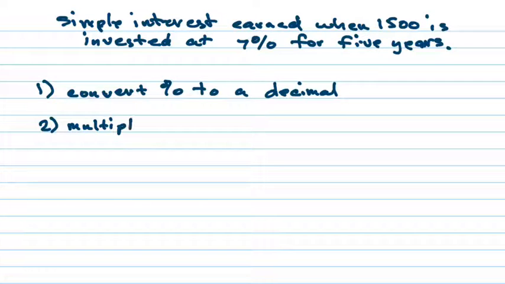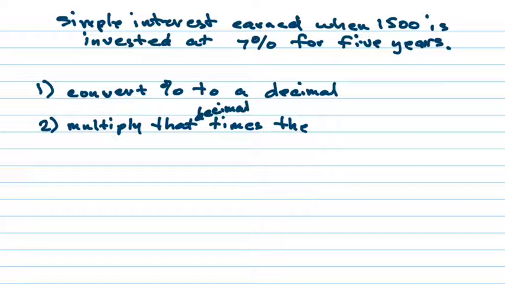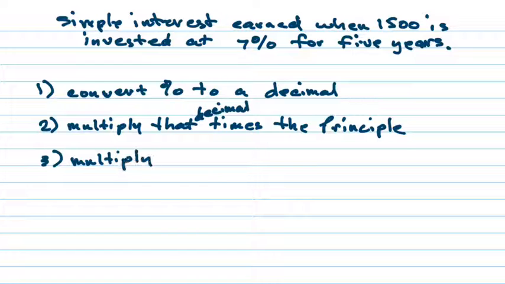Step 2: multiply that decimal times the principal. Okay? Because we're paying interest based on the principal. Step 3: multiply that amount by the number of years.